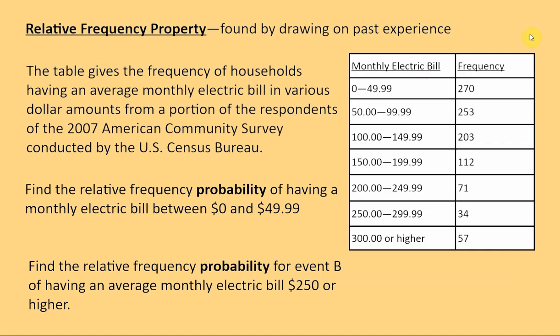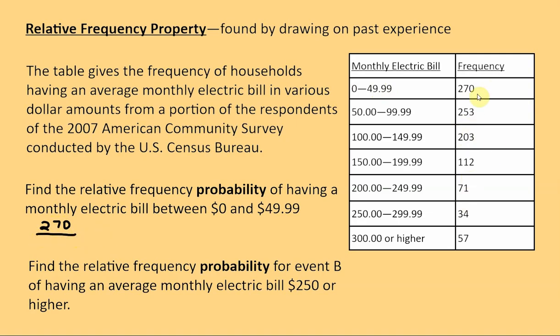So if we look at this chart, the monthly electric bill between 0 and $49.99, the frequency of that is 270. Okay, so if I write 270, that's the event, but we need to know what it's out of.